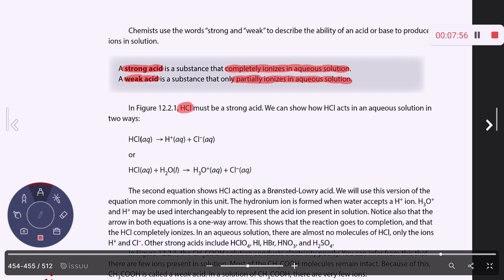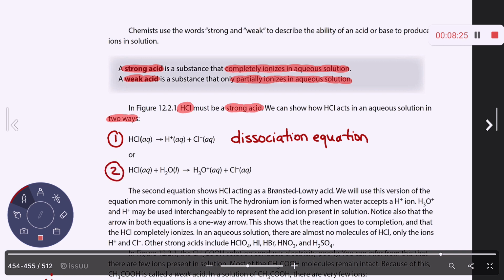So if I'm taking a look at hydrochloric acid, which is a strong acid, there are 2 ways to show how it reacts with water or how it ionizes in water. The first way would just be to write a dissociation equation. And that's what this is. We've seen this before. That's where you write the ions that would form on the product side.